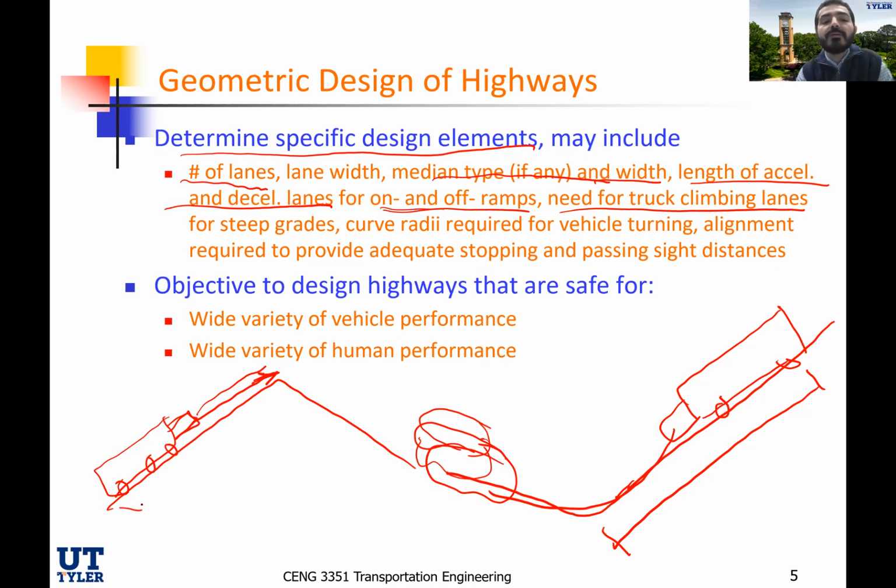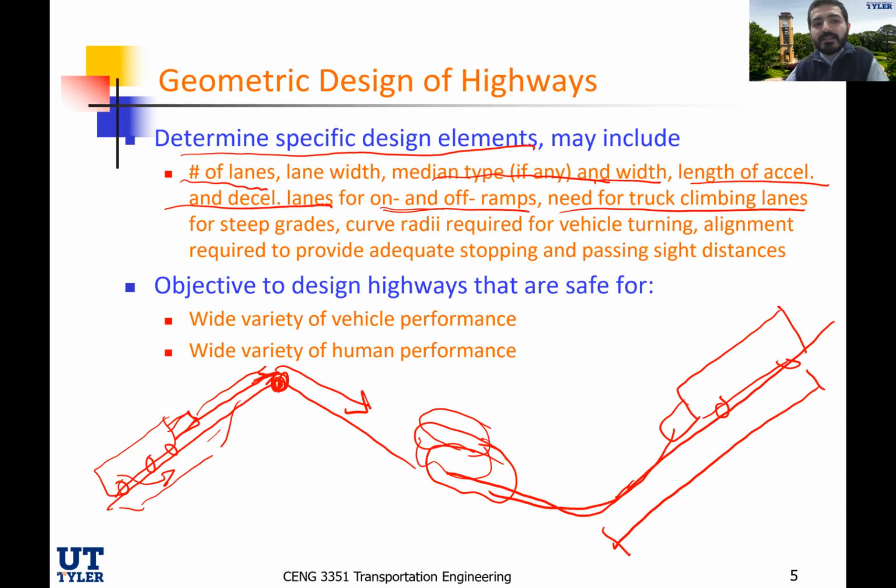So we also sometimes need to design a right lane just for that truck to use until it reaches the top here, and then going downward, that lane will disappear. So all of these again are elements that are part of determining the geometric design.